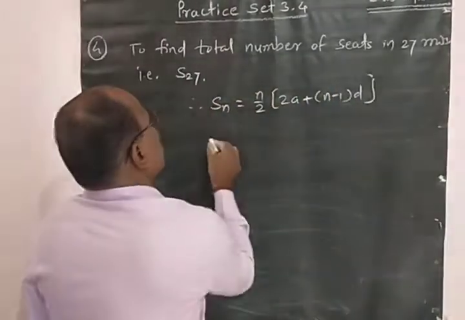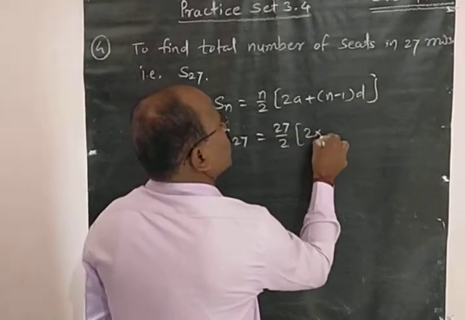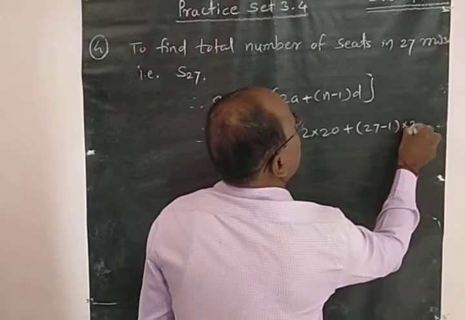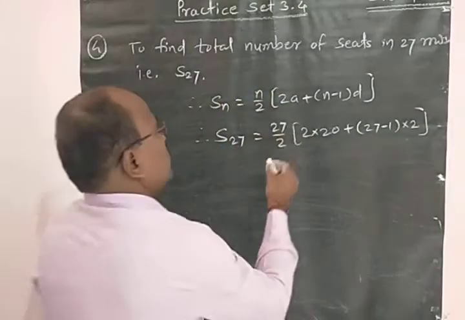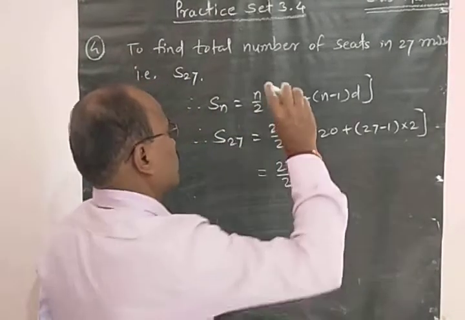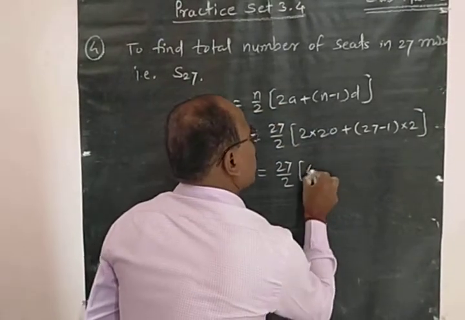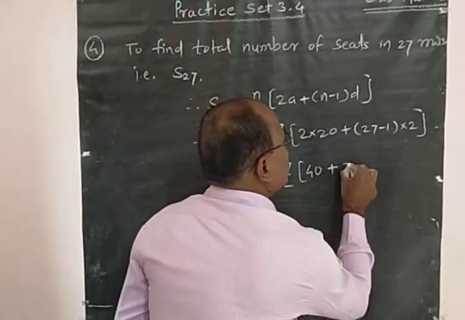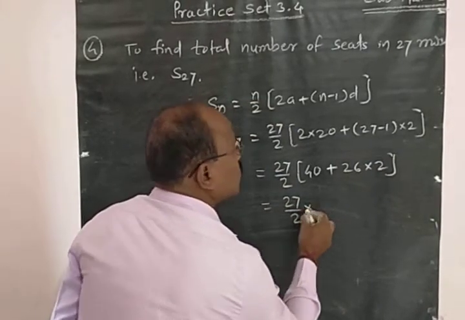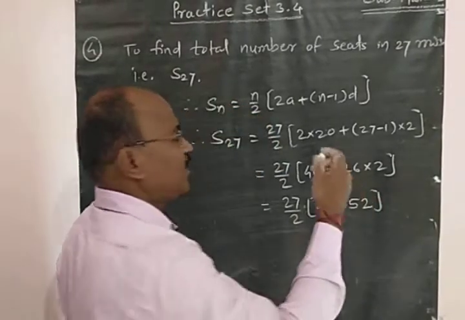So S27 is equal to 27 upon 2 into 2 into a is 20 plus n is 27 minus 1 into d is 2. Write 27 upon 2 as it is, because 27 is not divisible by 2. 2 into 20 is 40 plus 27 minus 1 is 26 into 2, 52.